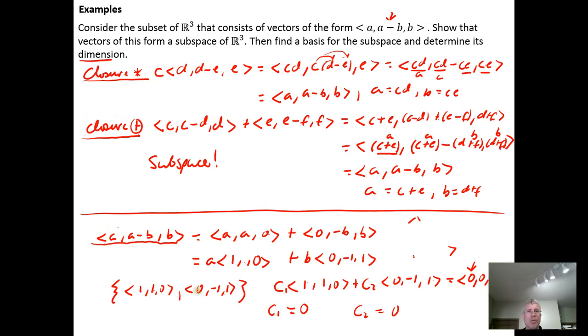And when you have only two vectors, you can eyeball it and tell they're linearly independent just by mentally multiplying them by a scalar. If you can't multiply this single vector times a scalar and get this one, and this only works when you have two vectors, it works if there's more than two vectors, but if there's only two vectors, then this is the only thing you need to do to check, is what I'm trying to say.